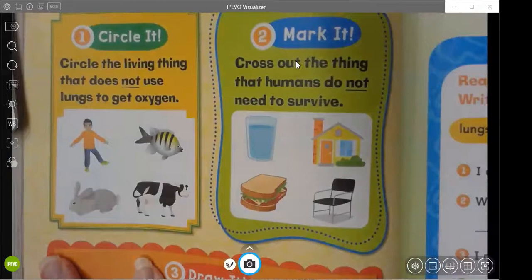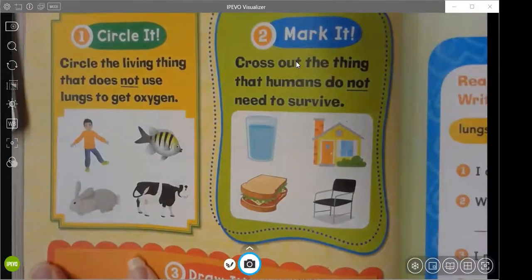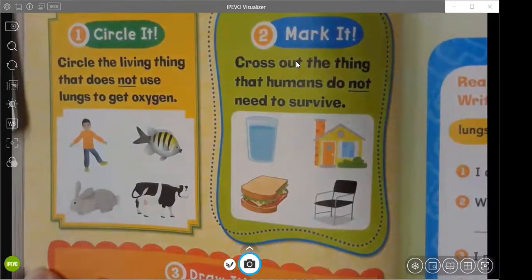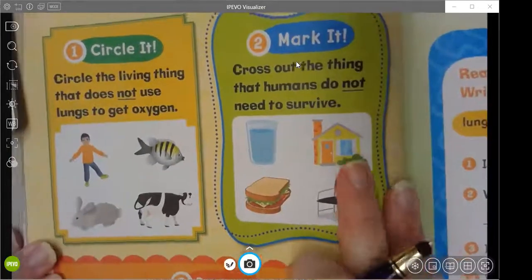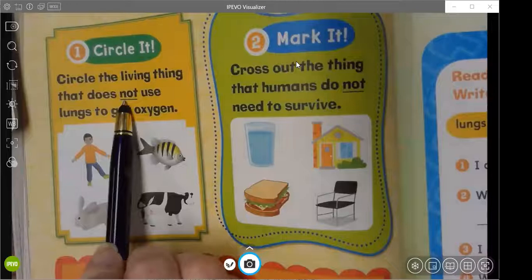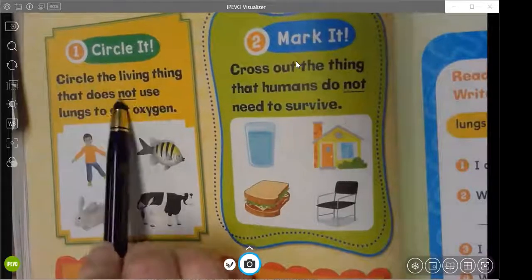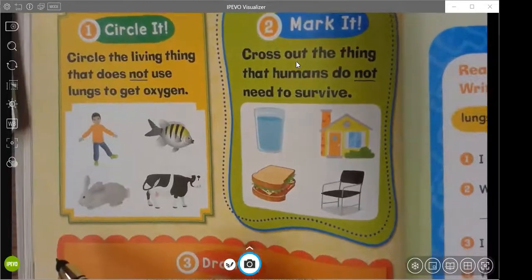All right, so page 86. If you don't have your science books ready with a pencil, pause the video and go get it, okay? Let's get started. Circle the living things that do not use the lungs to get oxygen. Remember, lungs are how you breathe.